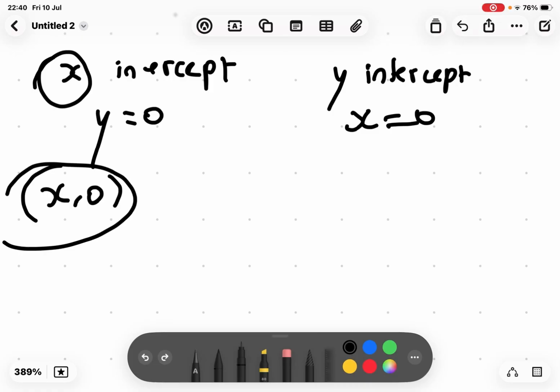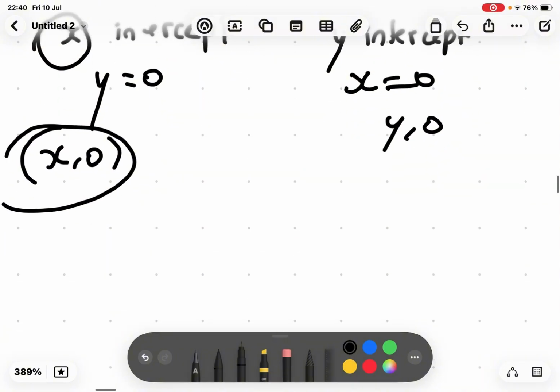So basically, how can I even explain? Okay, so look. Intercept is when it intercepts with a line, right?